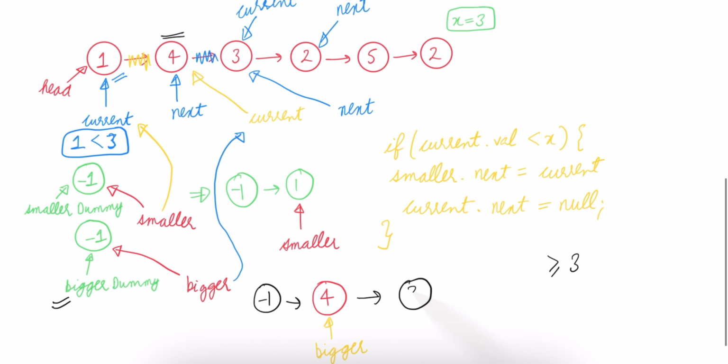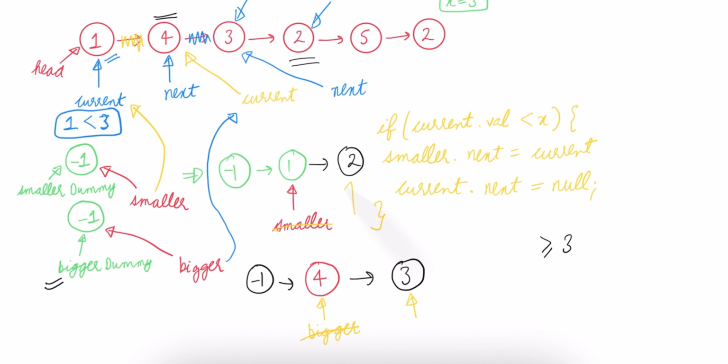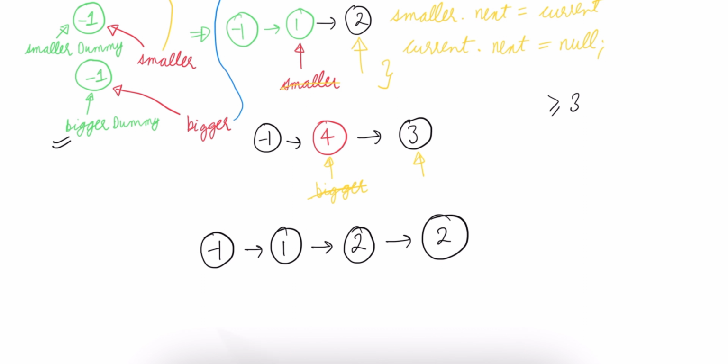So it will come here, and next we're going to do the same thing again, move on to the next node, this node 2, and my node 2 is going to come here, and similarly we're going to update this bigger here, this smaller will go here, and what we are going to have at the end of the iteration, we're going to have our smaller list like this, -1 1 2 and 2, and my bigger list is going to be 4 3 and 5.